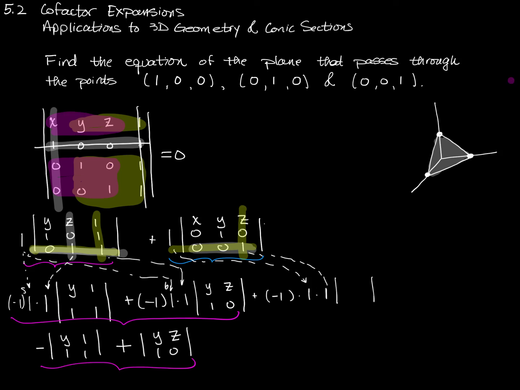Row 3, column 3 plus 3 is 6, so that's -1 to an even power, so that's going to be positive. 1 times, where's my determinant? I have x y 0 1. And I only had one term to do for that piece of my problem because I only had one non-zero entry in the row that I chose to use for my cofactor expansion.